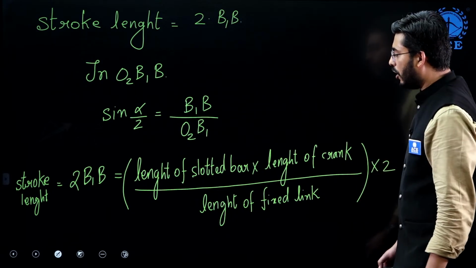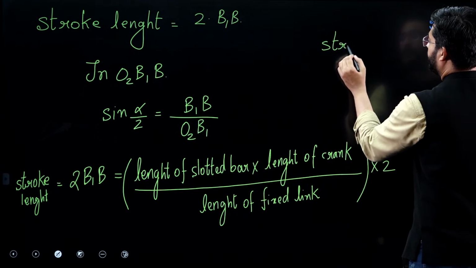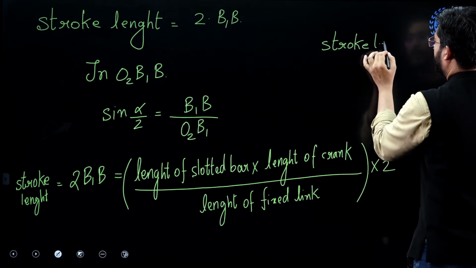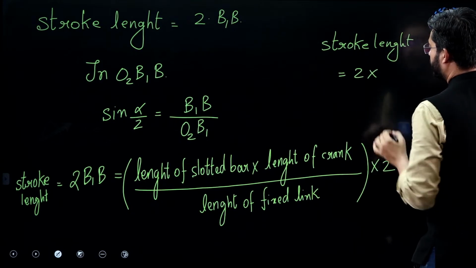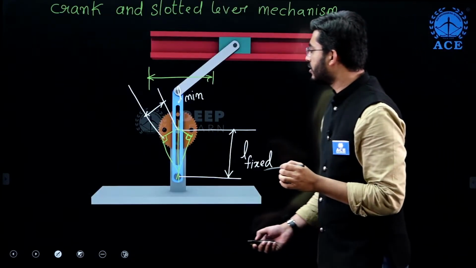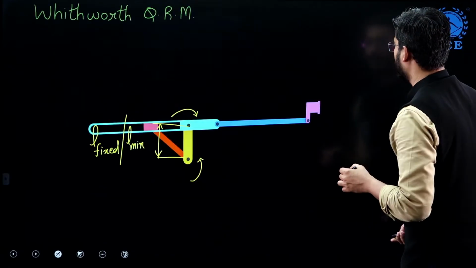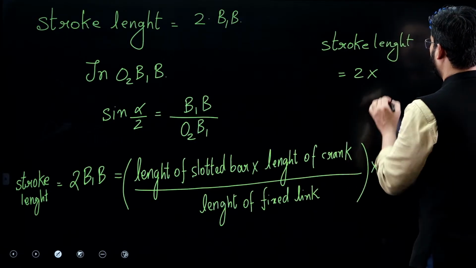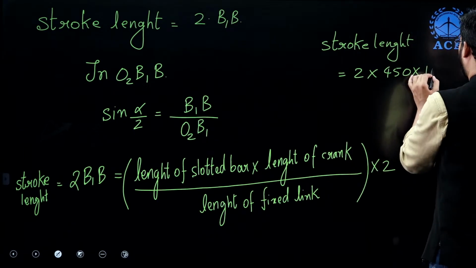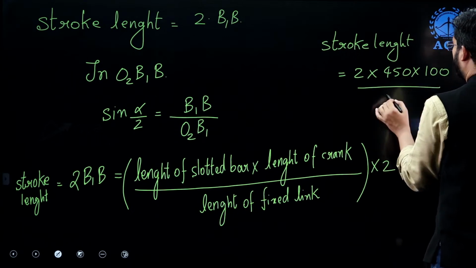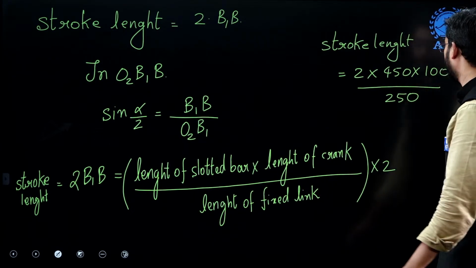Okay. So all the things are given to you. Stroke length is equal to 2 times of length of slotted bar, which is given as 450 mm, into length of the crank, which is 100 mm, divided by 250. Okay.